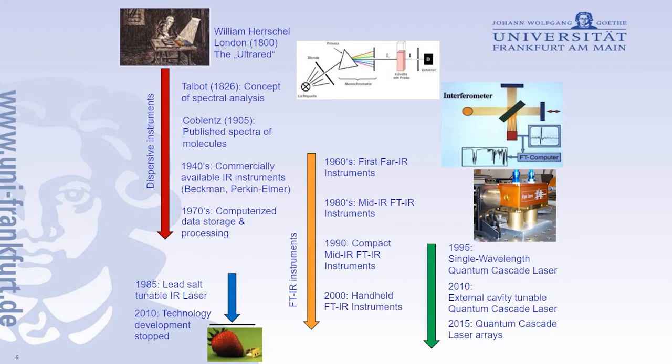And luckily, a second improvement came around the turn of the century, namely around 1995. The first quantum cascade lasers as infrared sources were developed, which was a big step forward because it overcame some limitations of infrared spectroscopy, such as very low power from thermal sources. And meanwhile, the quantum cascade lasers became a reliable infrared source, tunable or in arrays, and we'll see later on an application of that.